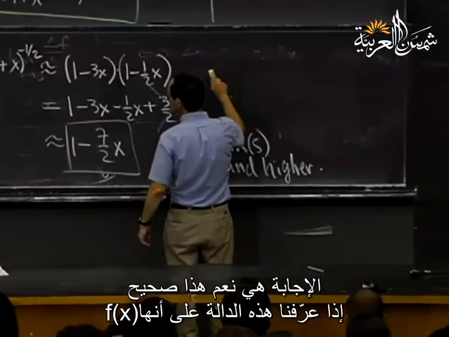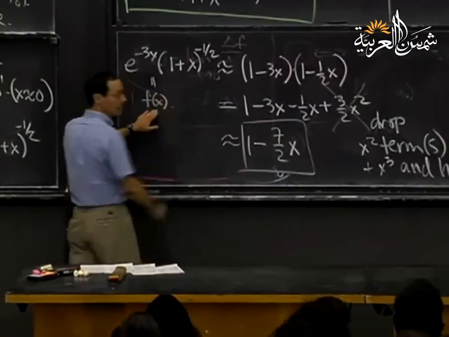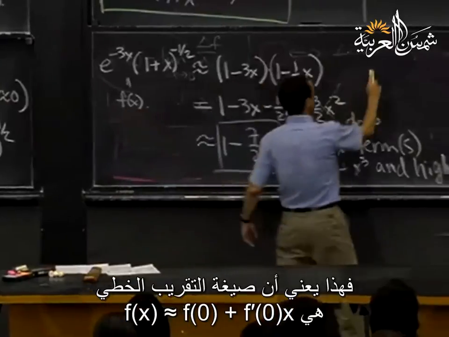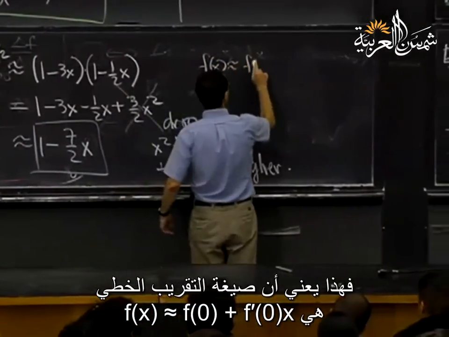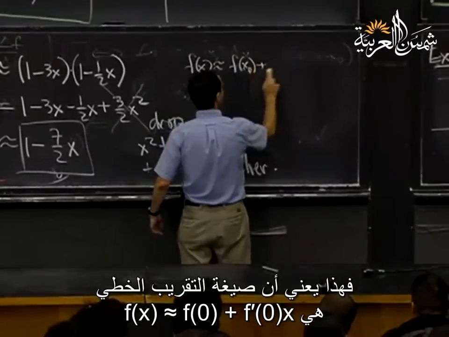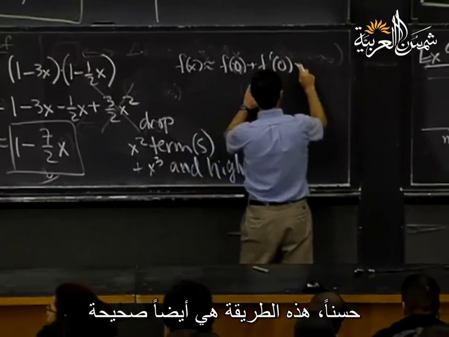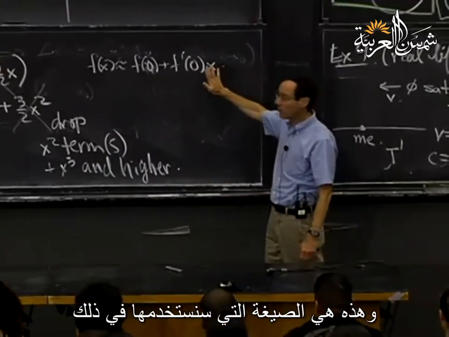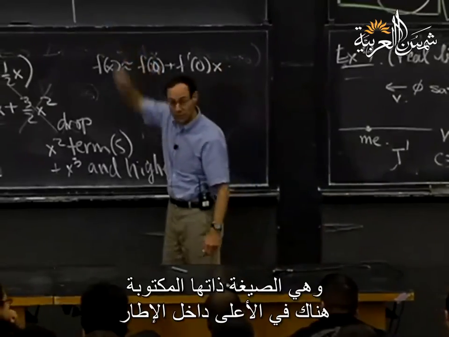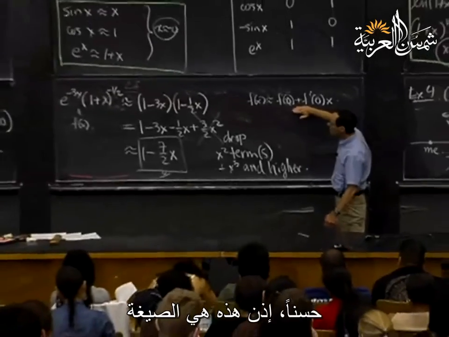If I call this function f of x, then it must be true that the linear approximation is f of x0 plus f prime of x0 times x. So that should be true. That's the formula that we're using. It's up there in the pink also.